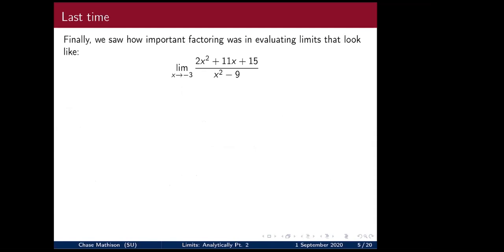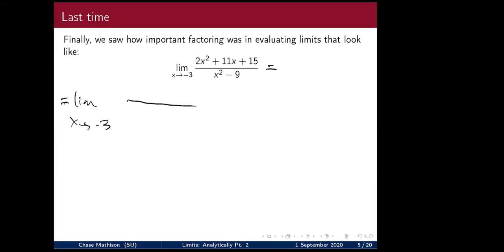If you crank out the numbers, that happens to be 0 because I wanted it to be 0. That tells me that I need to do a little more work to evaluate this limit. So the limit as x approaches -3, and I'm bringing my work down here: what does the bottom factor as? Well, we'll do the easy factorization first.